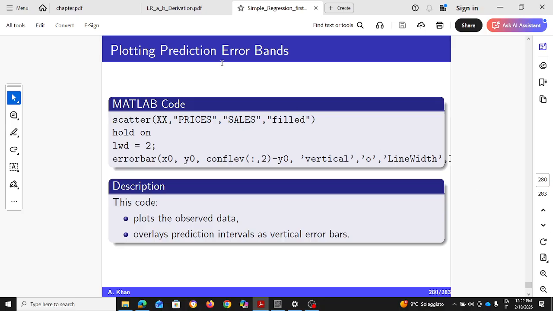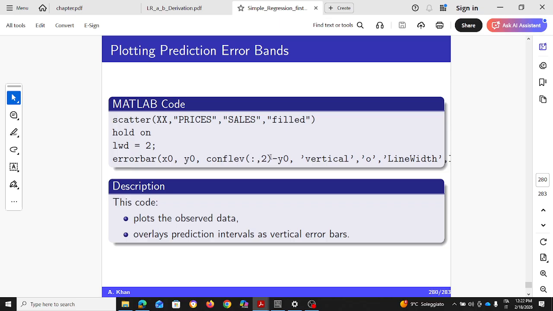And for the error plot, the error bands, if you want to plot them, you take the price, the sale and the fill, and then you do this: the error bars for the observed value, for the independent variable, for the dependent variable.